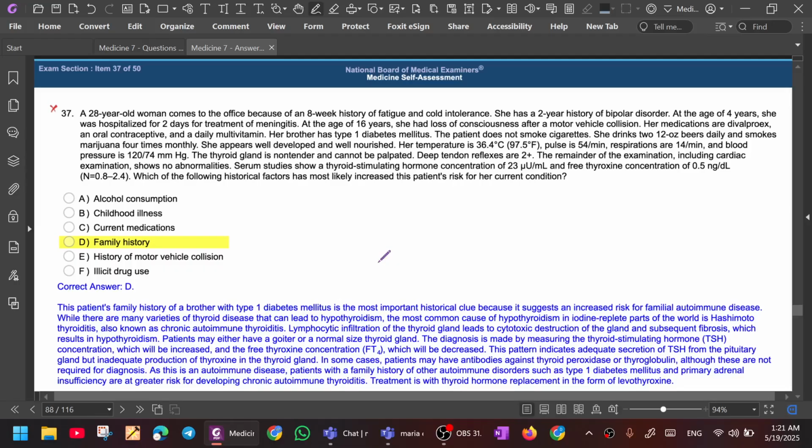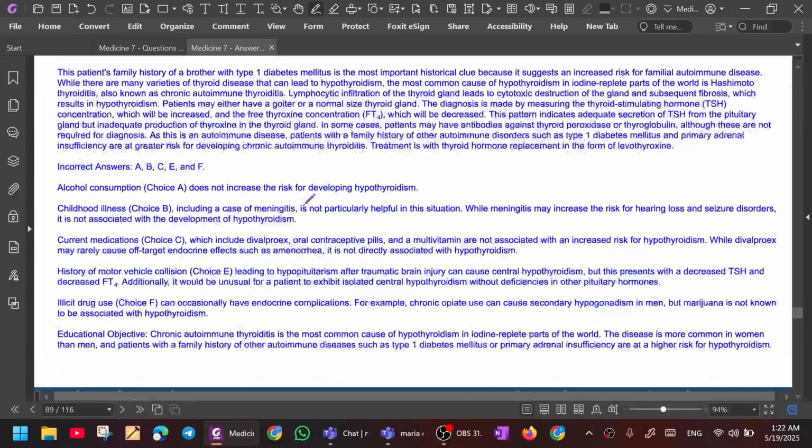Motor vehicle, that will be low. No, that's not it. And then family history, then that will be current medication. Is the Valproate the same as lithium? Do you know? May not be.